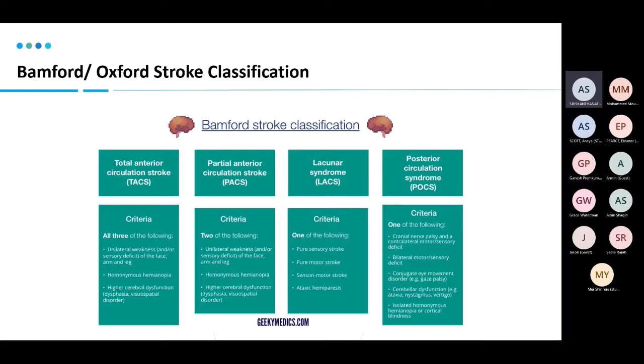With the Oxford classification, the key features you're looking out for are any unilateral weakness with or without sensory deficits in the arm, legs or face, any visual defects, any higher function problems such as visual spatial awareness, or any dysphagia.